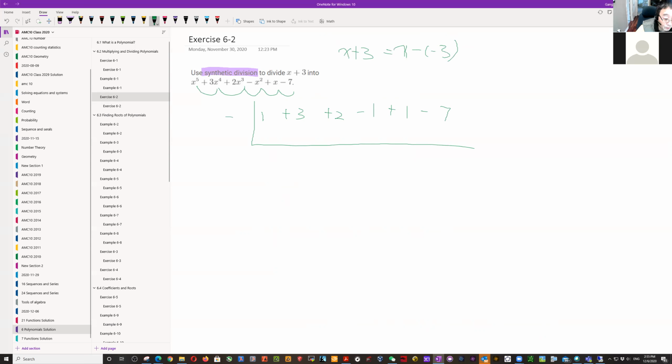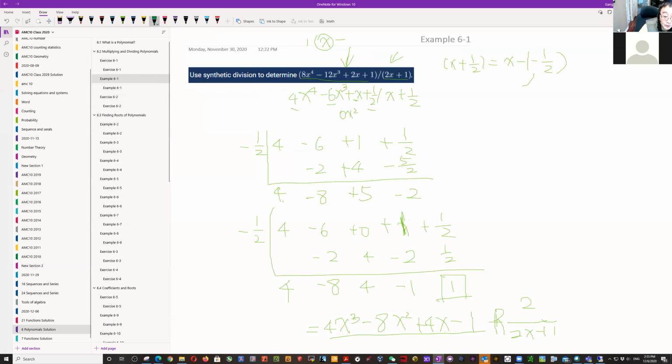So we have to use negative 3 here. And then the first term, you always copy, and this is already monic, so you don't have to adjust, unlike the previous problem, which was not monic. So basically we had to do some adjustment to make it monic. The dividend doesn't have to be monic, but the divisor has to be monic.